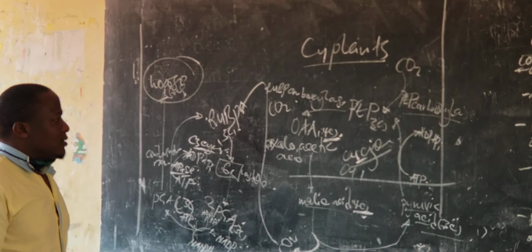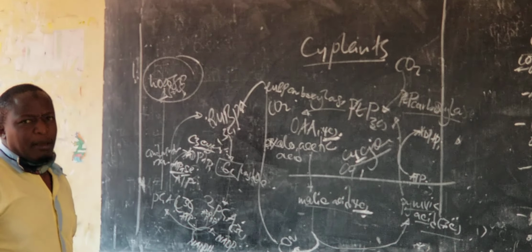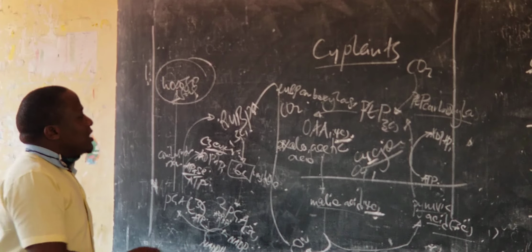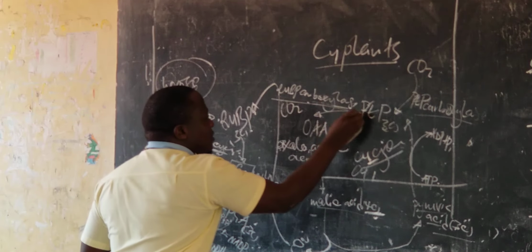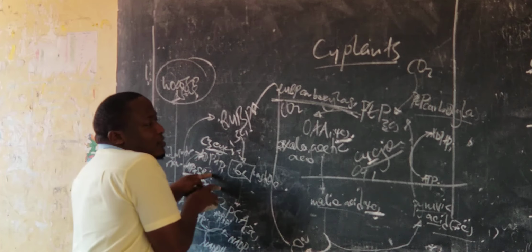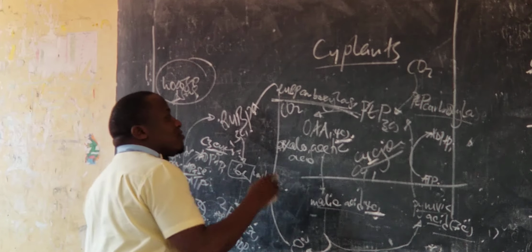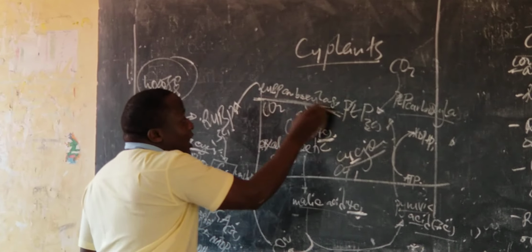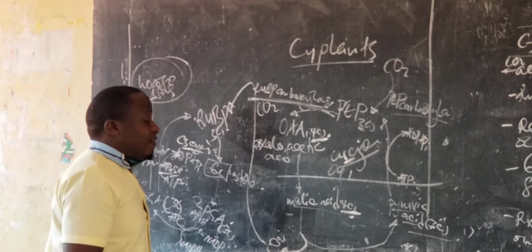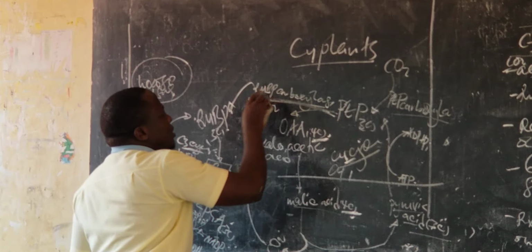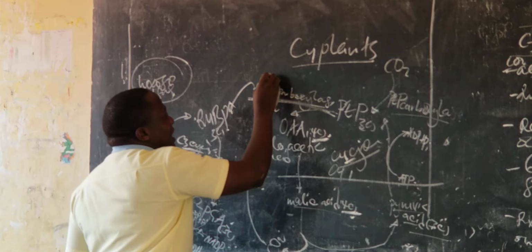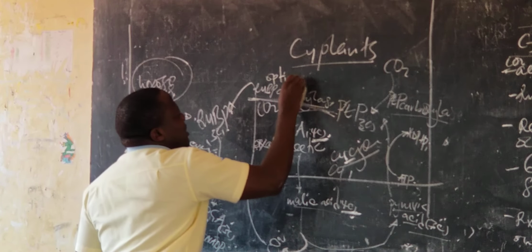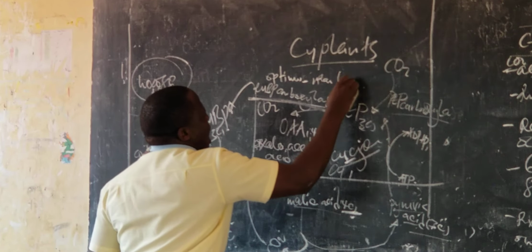And among others, maybe the very important one, the last one, I want you to take note that the Rubisco enzyme for the C3 cycle operates at a relatively low optimum temperature. Temperature is one of the factors affecting enzymes.